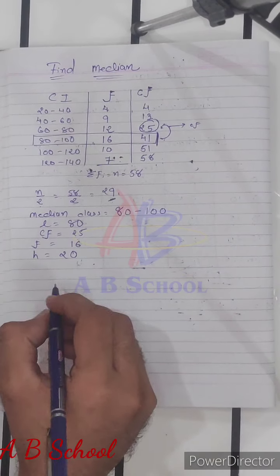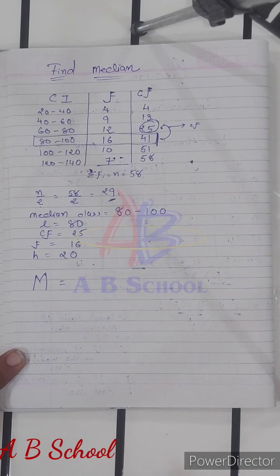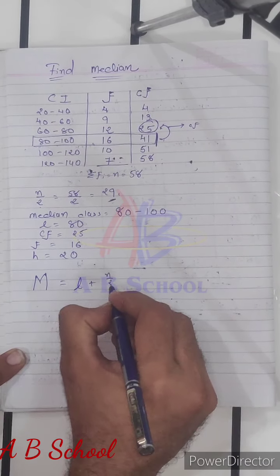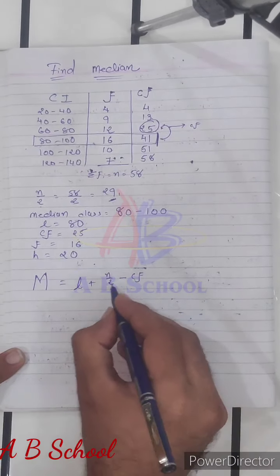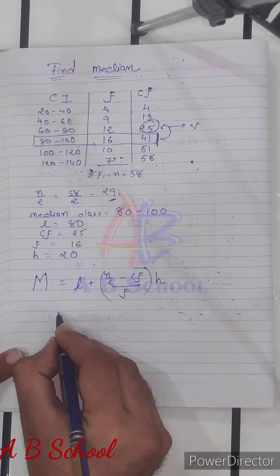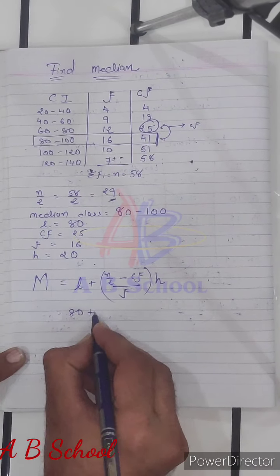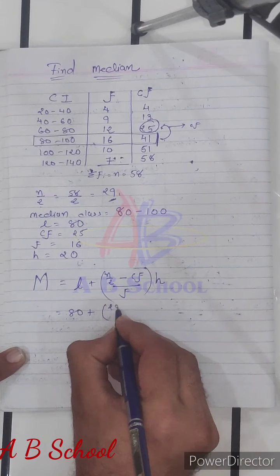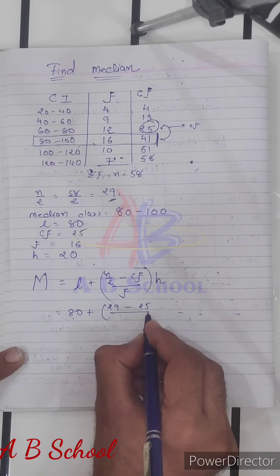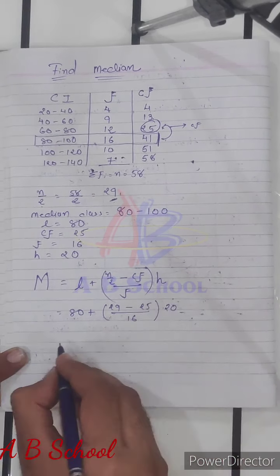Let us write the formula. M is equal to L plus n by 2 minus CF upon F into H. So L is 80, n by 2 is 29, minus CF is 25, upon frequency is 16, into 20.